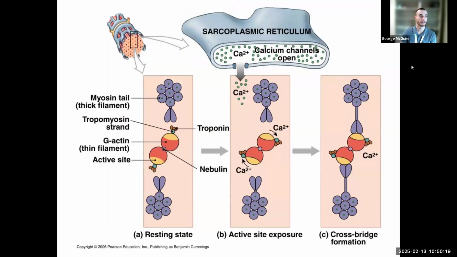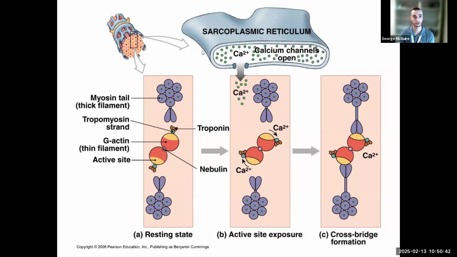Okay. So once we've wrapped up at the neuromuscular junction, right, an action potential has spread down the sarcolemma into those T tubules. And those T tubules end where they meet the sarcoplasmic reticulum, right? Those terminal cisterns. And those terminal cisterns are full of these calcium ions.